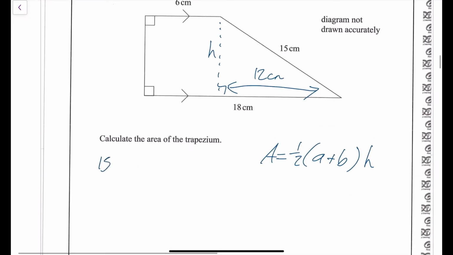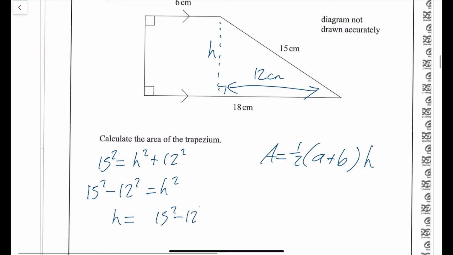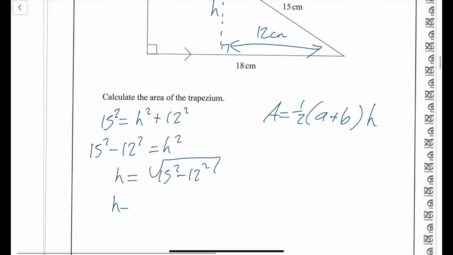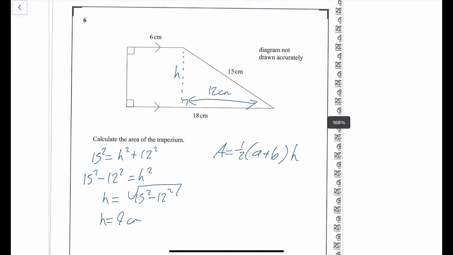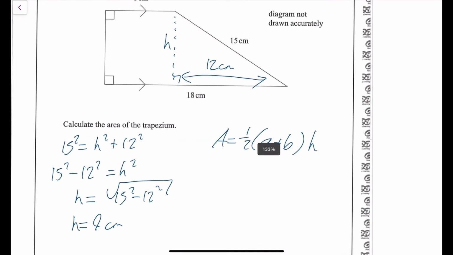So by Pythagoras' theorem, 15 squared equals h squared plus 12 squared. So I'm just going to say 15 squared minus 12 squared is equal to h squared. So h is equal to the square root of 15 squared minus 12 squared. And that's a nice Pythagorean triple. h works out to be 9 centimetres. I've got what I need to do this question then.